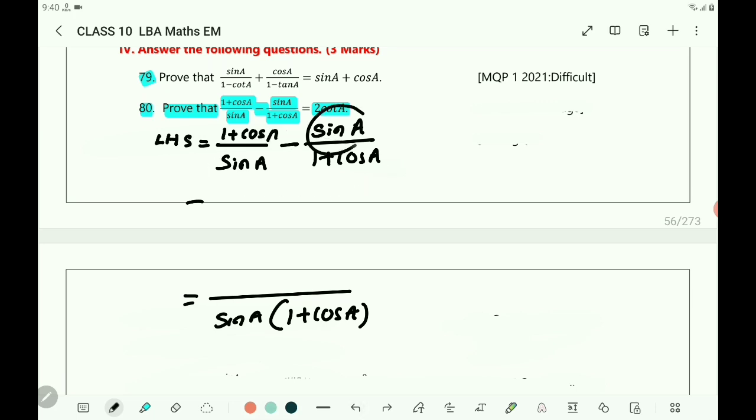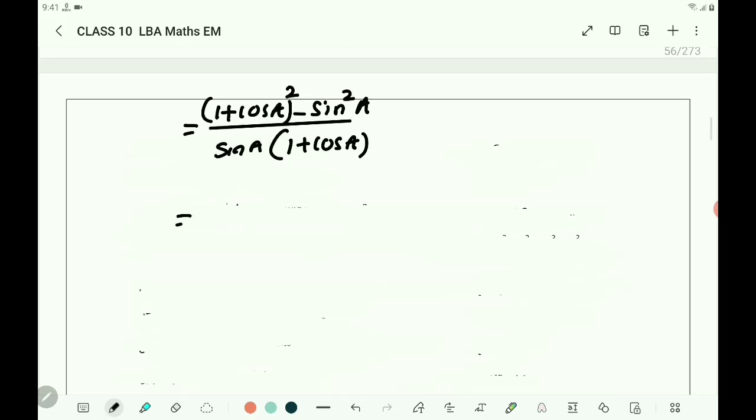Then you write (1 + cos A) whole square minus sin A into sin A, sin square A.